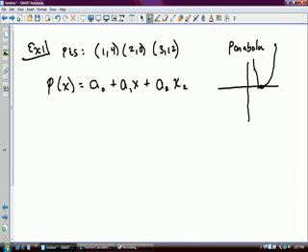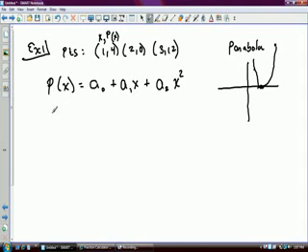That's basically the idea. Oops, I need to erase that. And so what you want to do is systematically plug in; this right here will be an x, and this right here will be a p of x. So plug in all three of those.